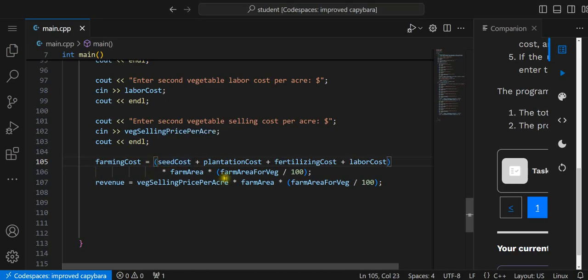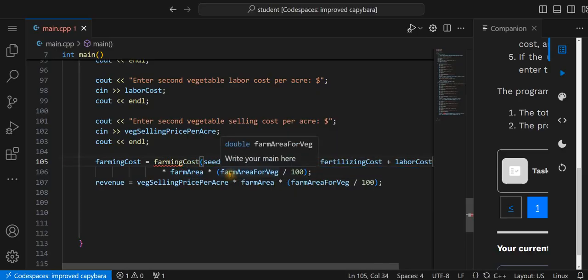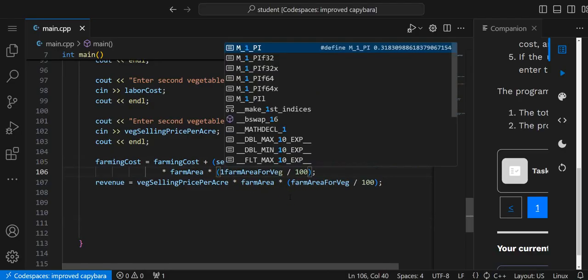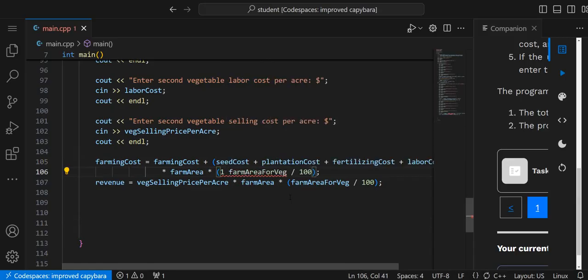Farming costs plus seed costs, plantation costs, rows costs, labor costs times farm area times 1 minus farm area for veg.